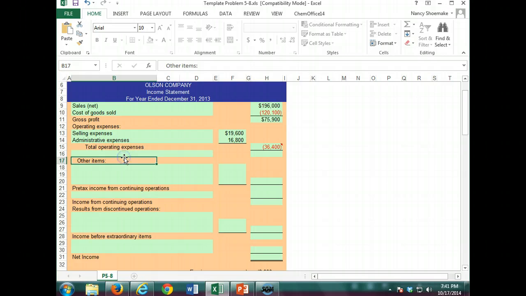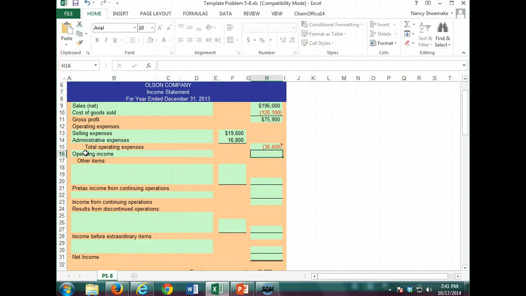Which gives us, what are we going to come up with for our next item here? Our gross profit minus our operating expenses is going to be what? Operating income. That's the kind of stuff I'm going to want you to know.